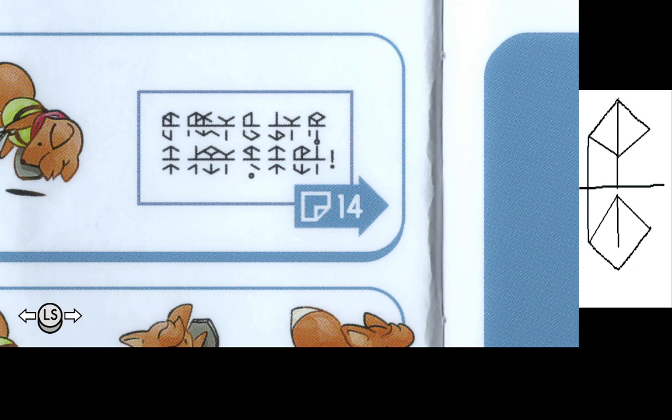So we have basically two different alphabets going on here. One relates only to the consonants, and then we have the one that relates only to the frame.